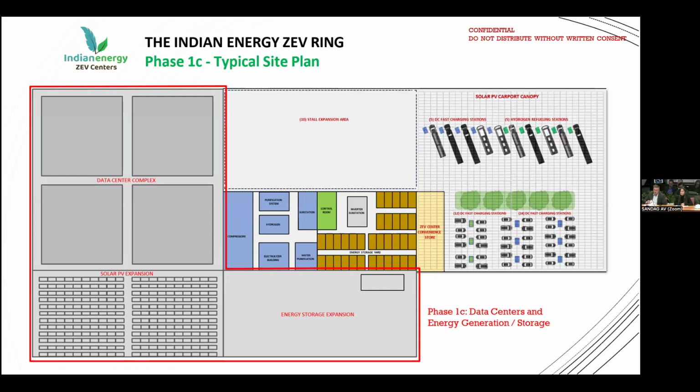This next slide shows an expansion that can include more solar PV and energy storage if the tribe and the reservation has the desire and the availability of land to be able to expand. Also, the ability to expand to data centers, which are in high demand in the region.